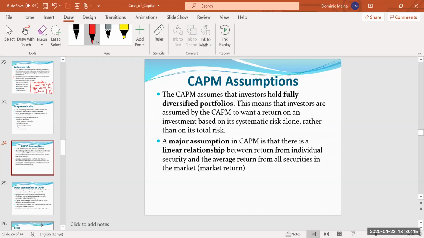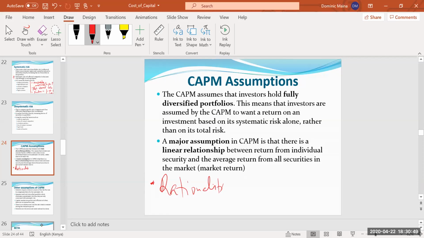And maybe the other major assumption is rationality, that the investors are assumed to be rational investors. These are wealth maximizers, and they are going to be driven purely by return and risk when it comes to making investment choices. Their main driver is return and risk. That is the element of rationality.